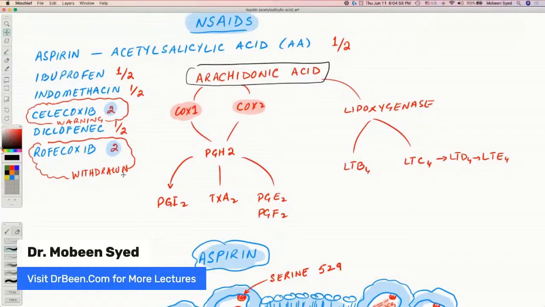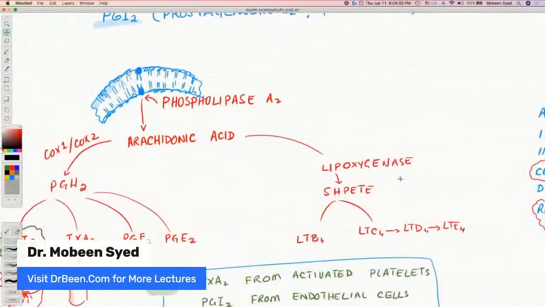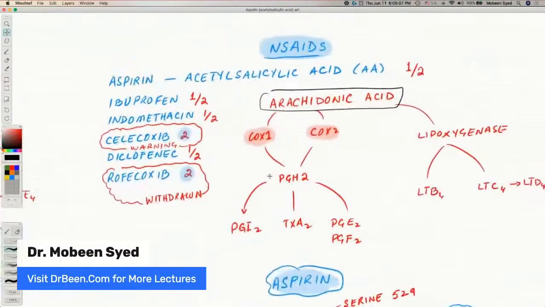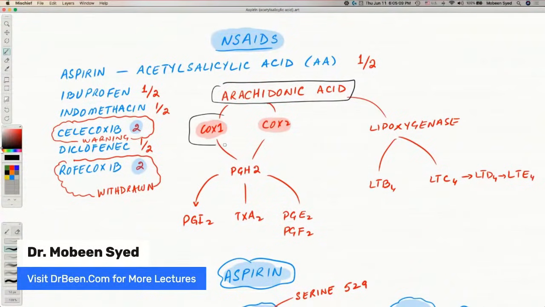That is in contrast to steroids, which act on phospholipase A2 and block the whole thing here. Instead, NSAIDs work and block cyclooxygenase 1 and 2. The result is that these products, prostacyclin, thromboxane A2, PGE2, and PGF2, are reduced.